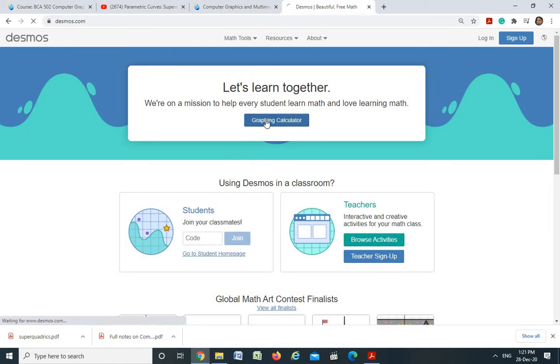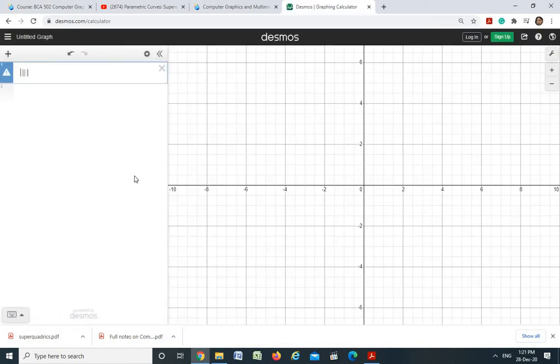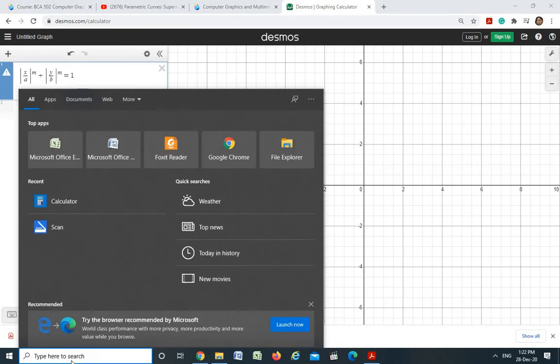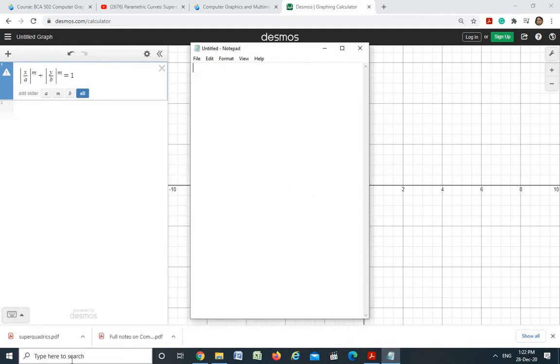Here you go to the graphing calculator, and put x divided by a to the power m, plus y divided by b to the power m, which equals 1. Here if you want to type a power, you use this, and when you want to divide, you simply use this symbol.